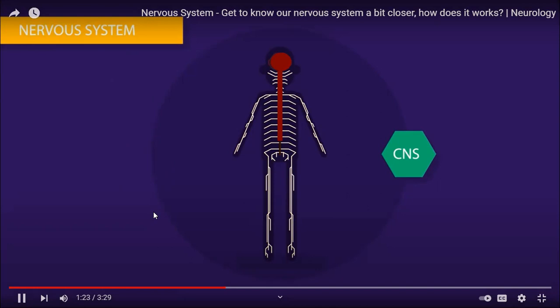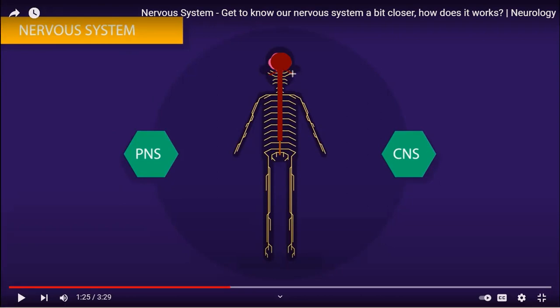So the PNS is represented by the nerves, which emerge from the brain like this, and also emerge from the spinal cord like this. This is the PNS, the peripheral nervous system, أو الجهاز العصبي الطرفي.